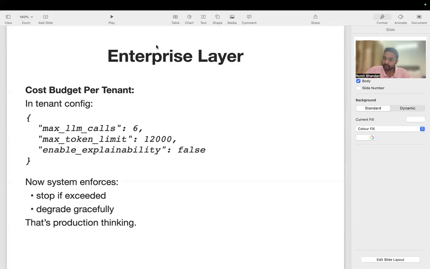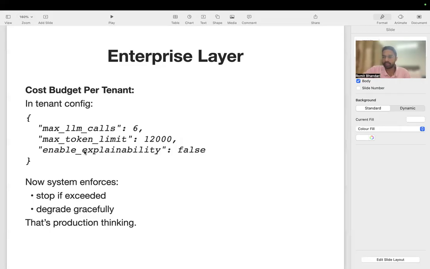even config based cost analysis you can do, where in the tenant config, if you remember, we have these thresholds which we had put in some of our previous videos. You can add these attributes as well. So this makes it tenant level, based on the tenant. If there is a customer which is a low risk customer, or a low cost customer, then you can just disable the explainability for that tenant, right?